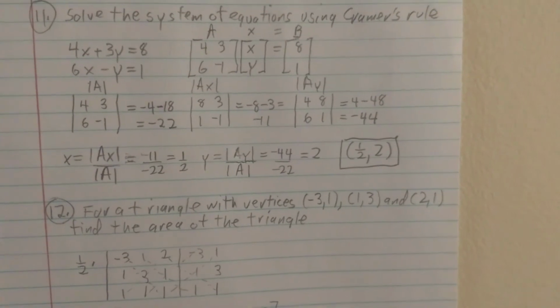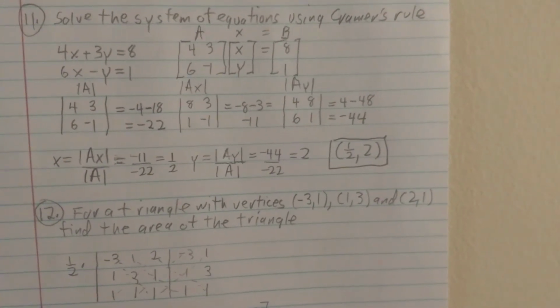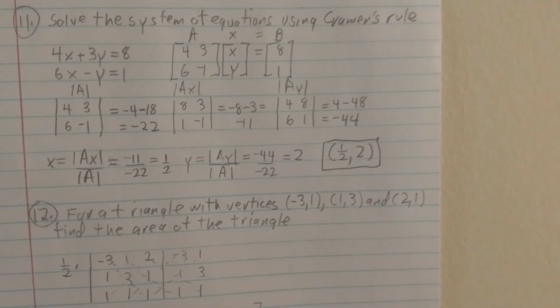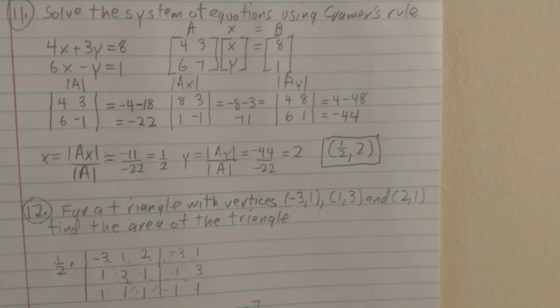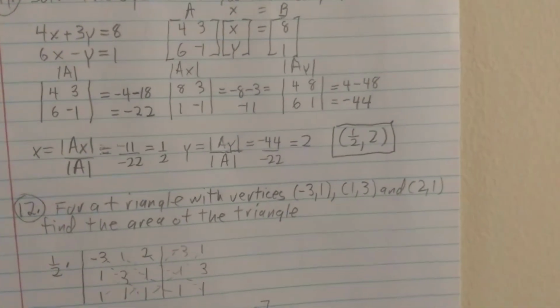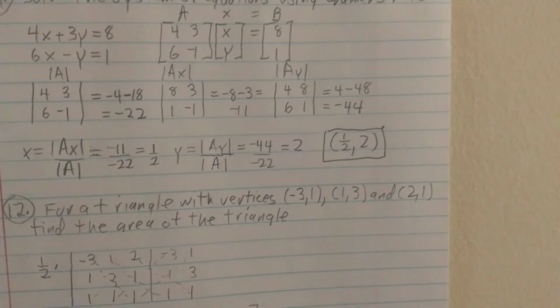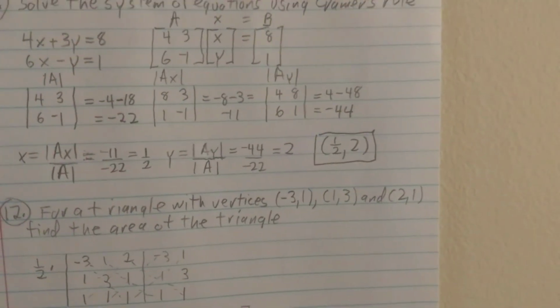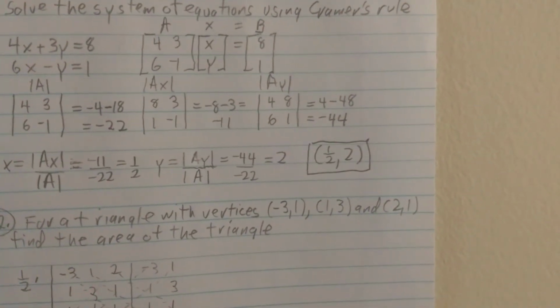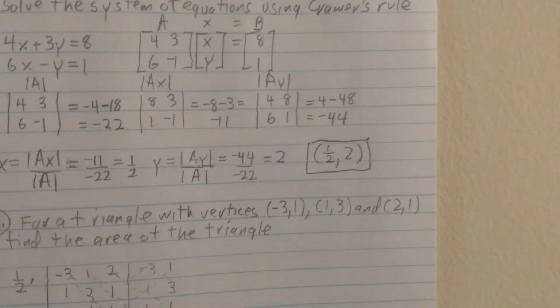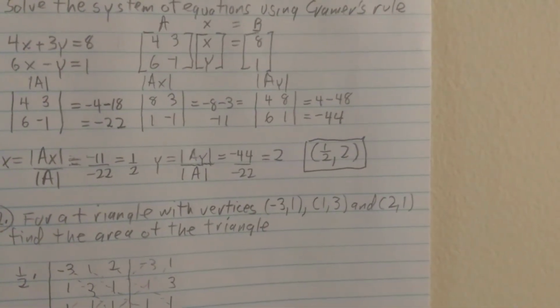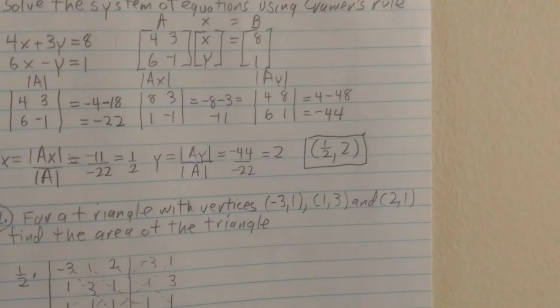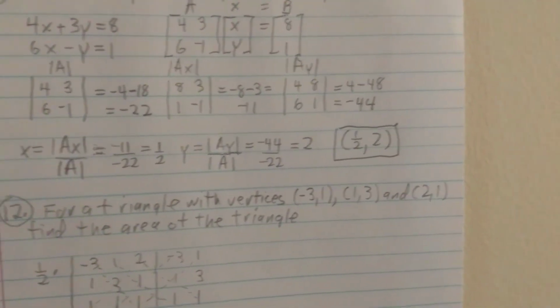Now to form the determinant for A sub X, we put 8, 1, the answers, in for the X column, and we take the determinant of that, so that's negative 8 minus 3 is negative 11. To take the determinant for A sub Y, we put the 8, 1 in the Y column, and so we take the determinant for that, 4 minus 48 is negative 44.